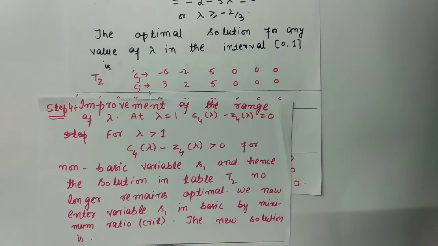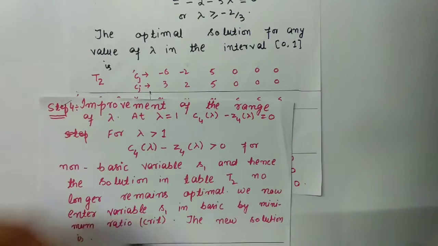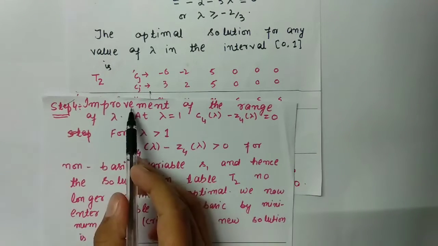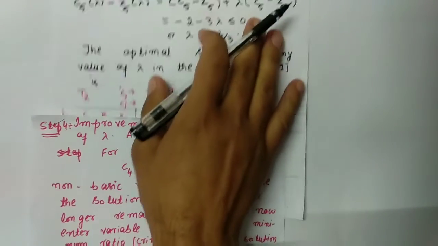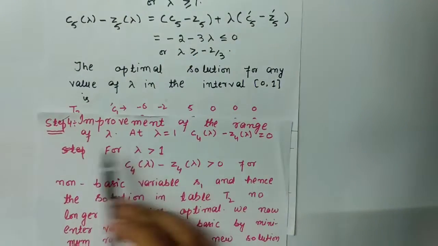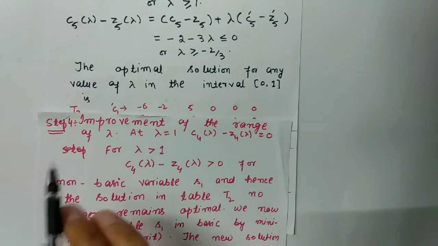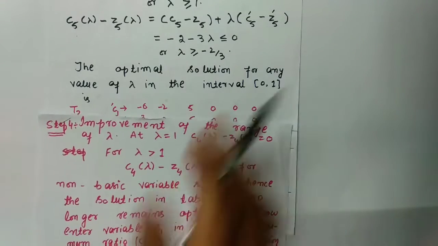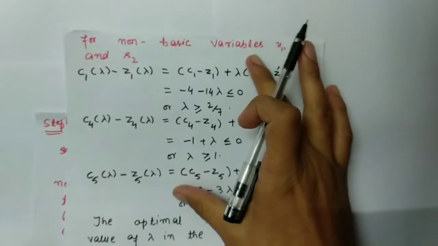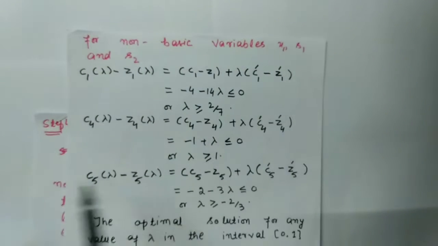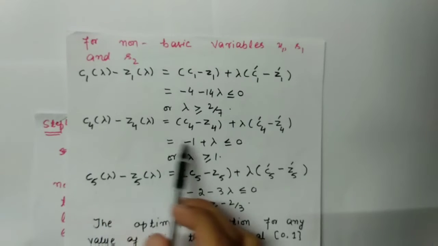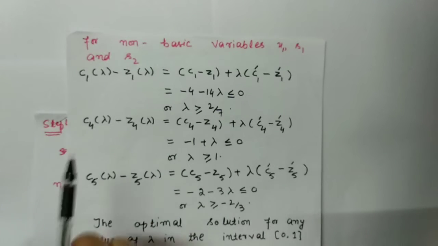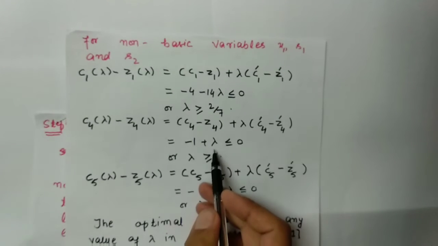Now we will proceed to step number 4, that is, we will find the improvement of the range. At lambda equal to 1, if we put lambda equal to 1 in these values, which are the values for non-basic variables, corresponding to S1 in the fourth column, I will get 0.